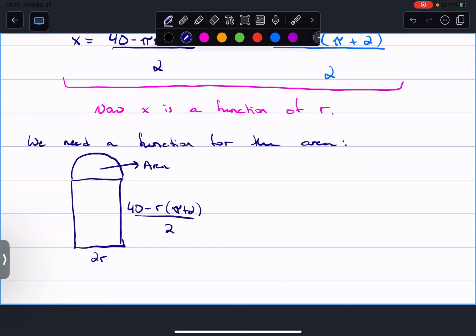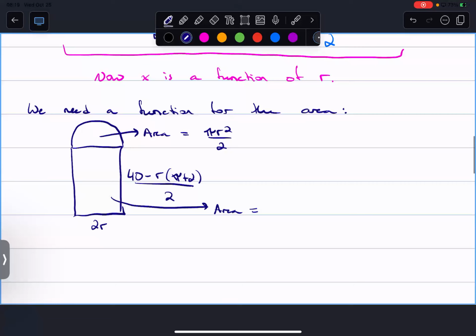So this area must be pi r squared divided by 2, and this area must be 2r times (40 minus r times (pi plus 2)) divided by 2.